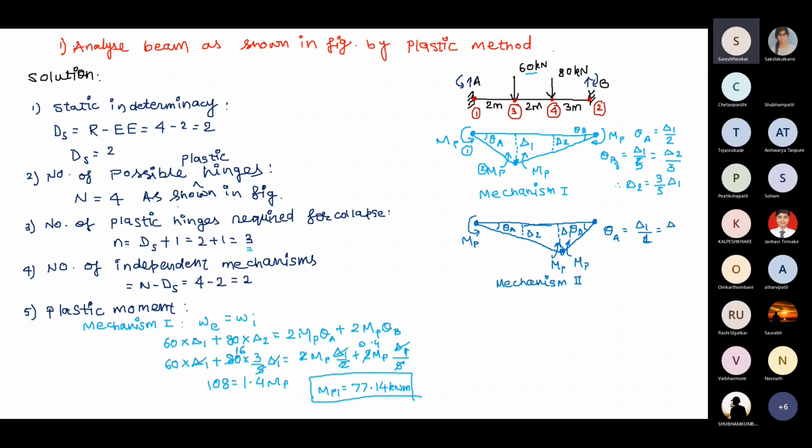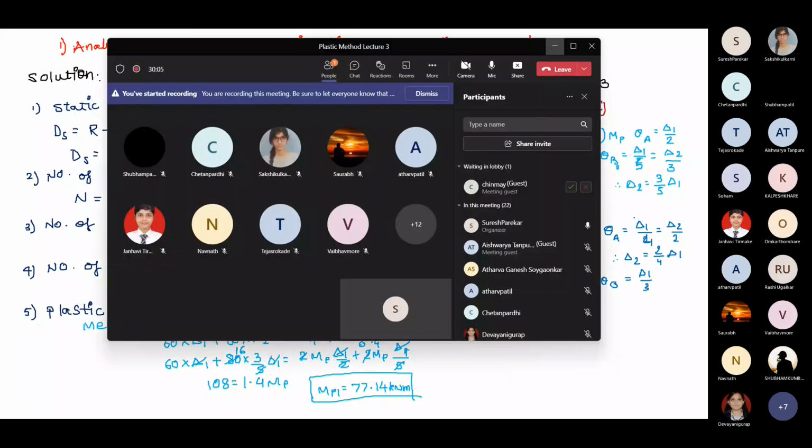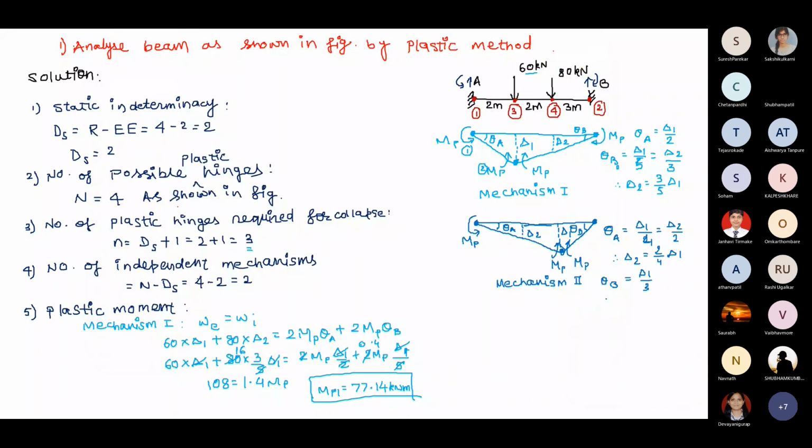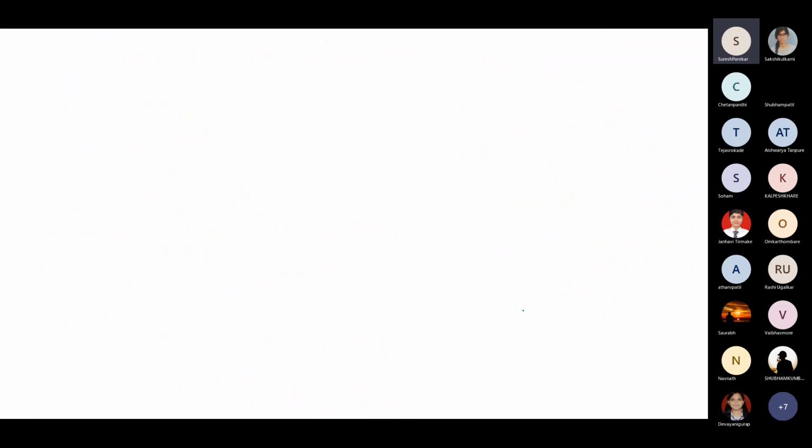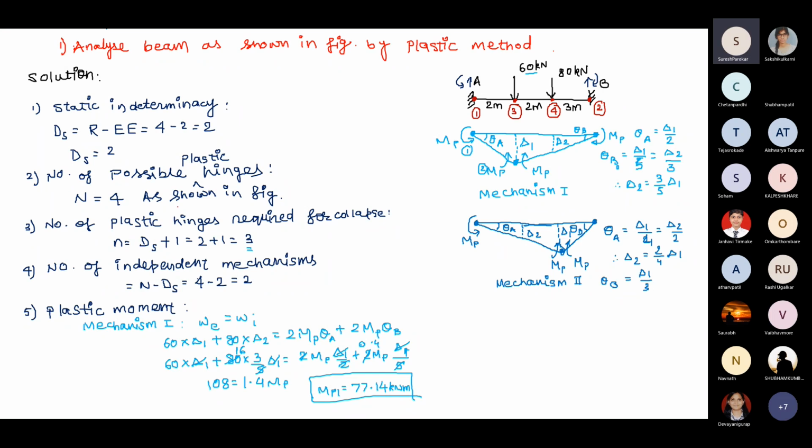Sorry, delta 1 by 4, delta 2 by 2, and therefore delta 2 is 2 by 4 delta 1, and theta B is delta 1 by 3. And then we will substitute the value mechanism 2.